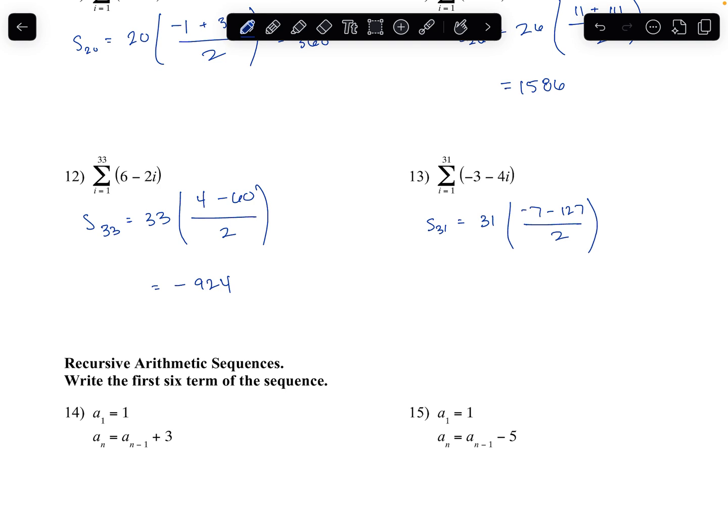All right, so we're going to have negative 7 minus 127. We're going to divide that by 2, and then multiply that by 31. And I have that this is equal to negative 2077.